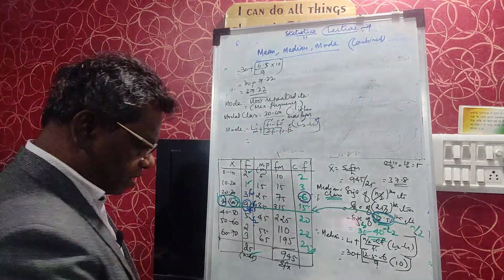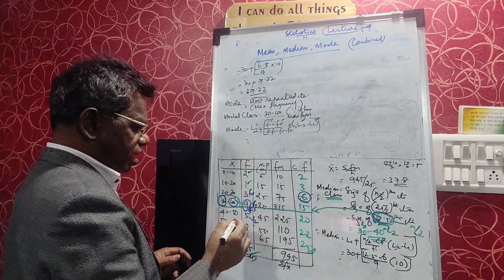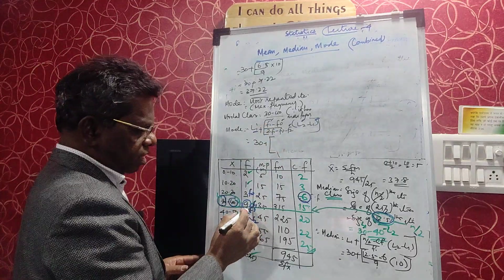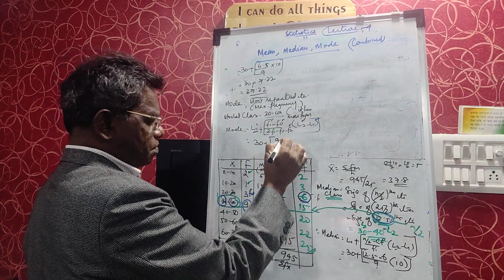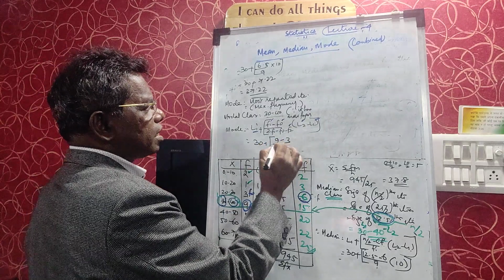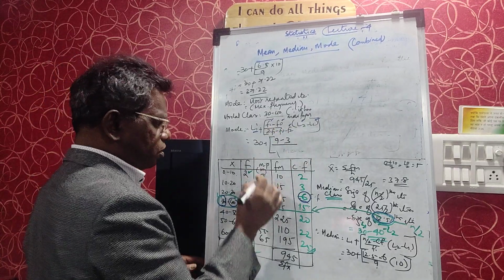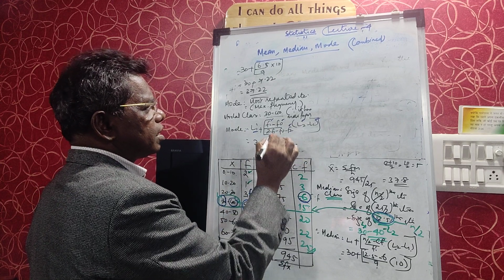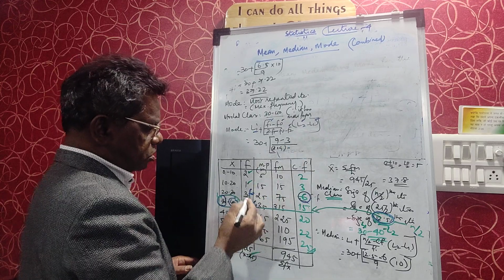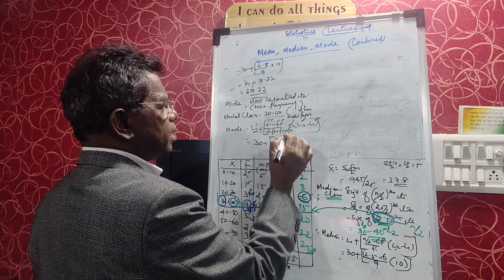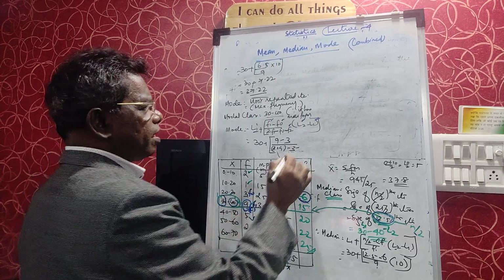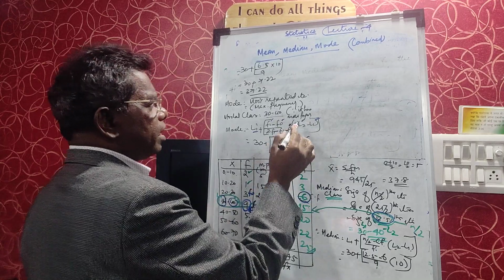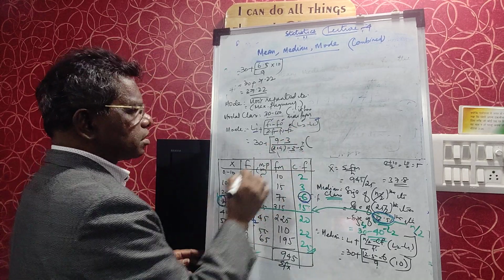Just apply the formula. L1 is 30 plus, in brackets, F1 is 9 minus F0 is 3, upon 2F1, 2 into 9, minus F0 is 3, minus F2 is 5, into, in bracket, L2 minus L1, 40 minus 30.